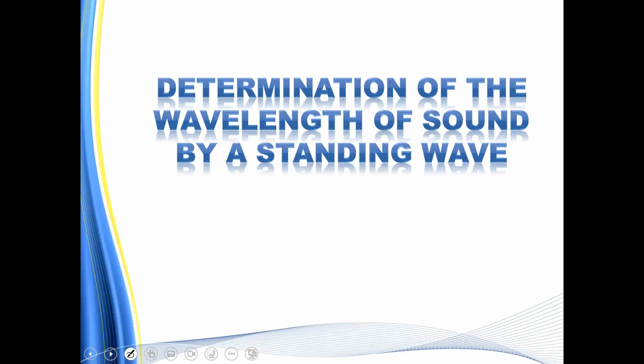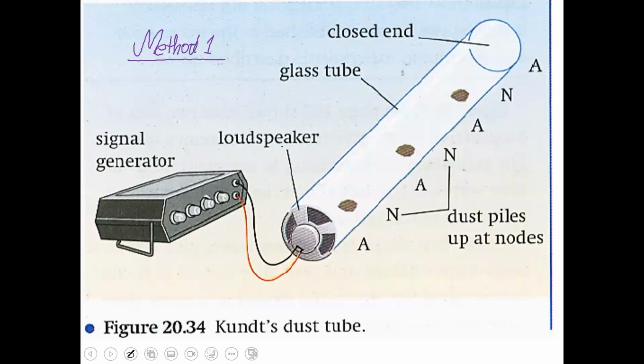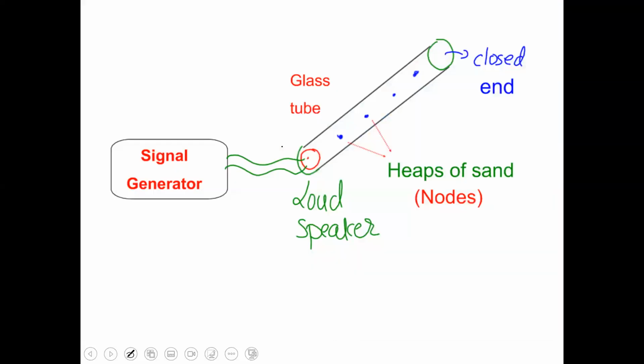Determination of the wavelength of sound by a standing wave. Now this is the apparatus. Sound signals are longitudinal signals. We have a loudspeaker, we have a closed-end pipe, and we have placed some dust particles in it.